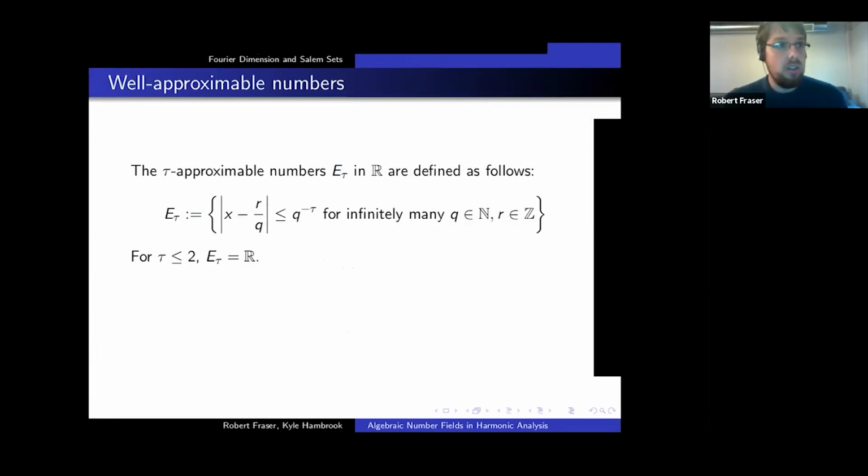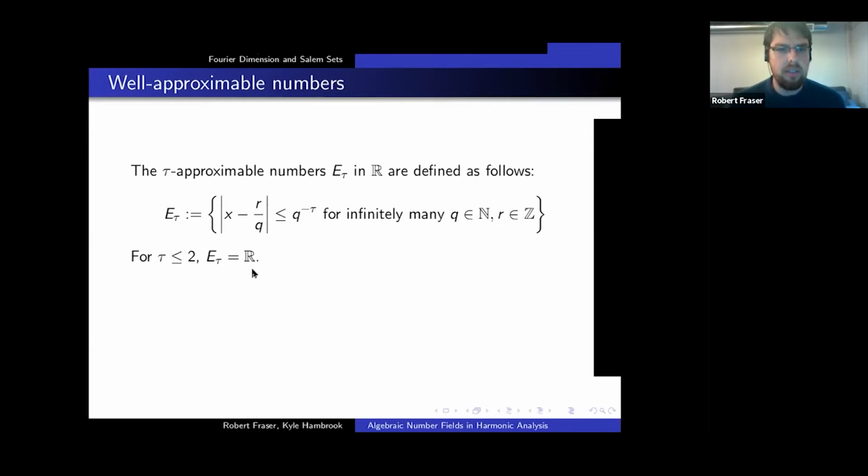So the first and most well-known explicit example of a Salem set in the real numbers was given by Kaufman. And Kaufman showed that the set of tau-approximable numbers, so that's the set of real numbers x such that |x - r/q| is bounded above by q to the minus tau for infinitely many q and r, for tau greater than 2, is a Salem set.